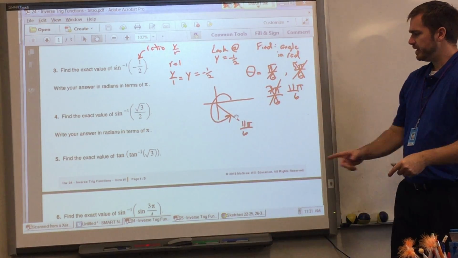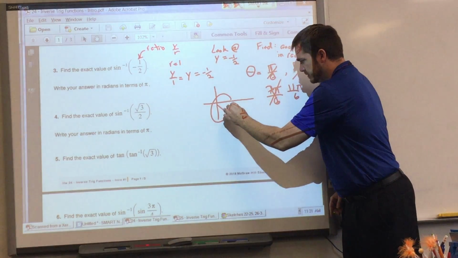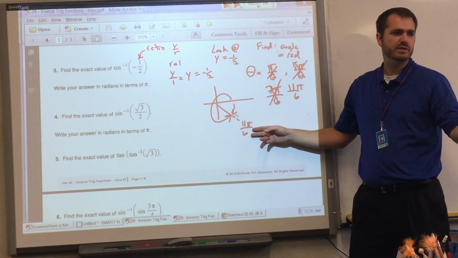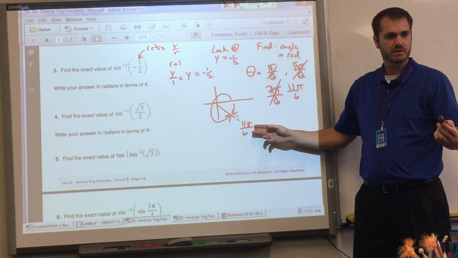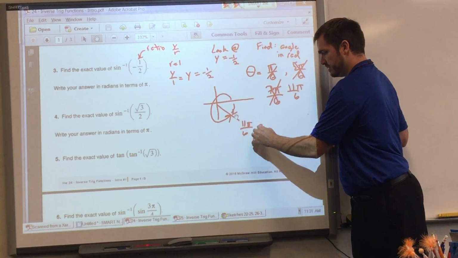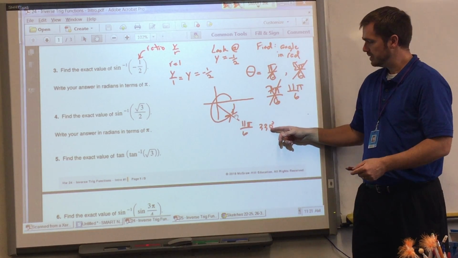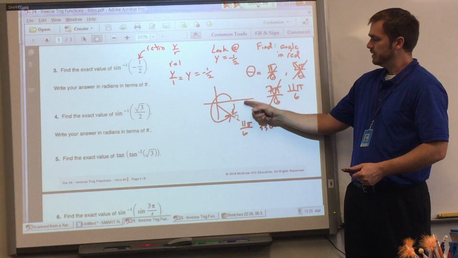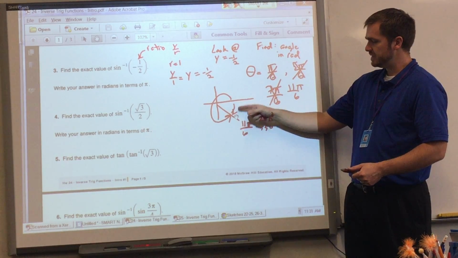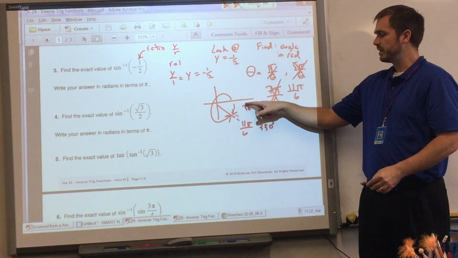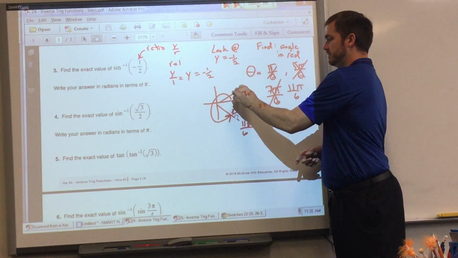What we want to do is find this one. 11 pi over 6, what's that angle in degrees? It's 330 degrees, right? That sounds right. Now, that means between the 360 and here, we've got a 30-degree reference angle. What's 30 degrees in radians?